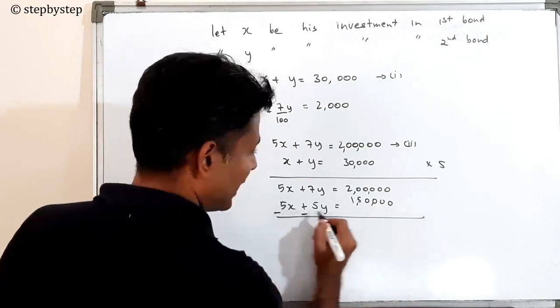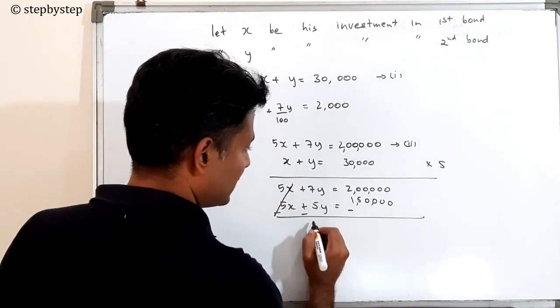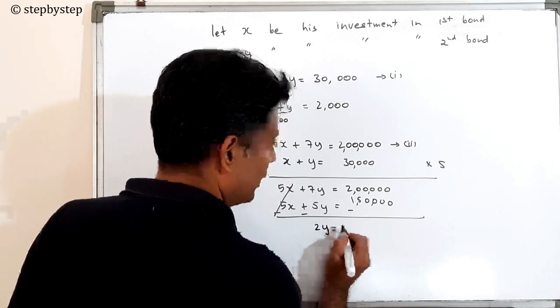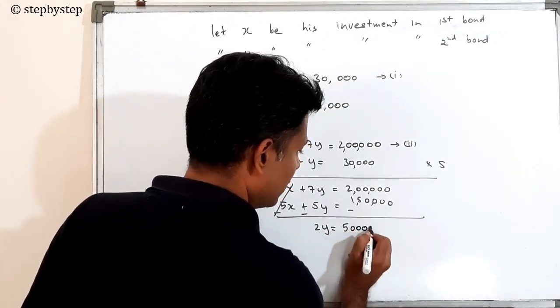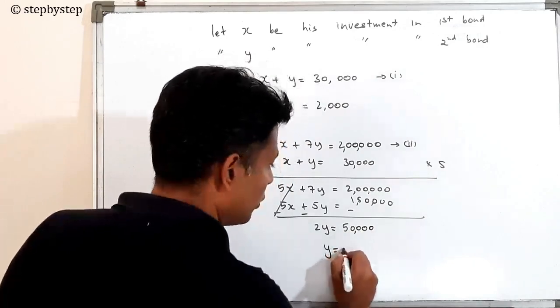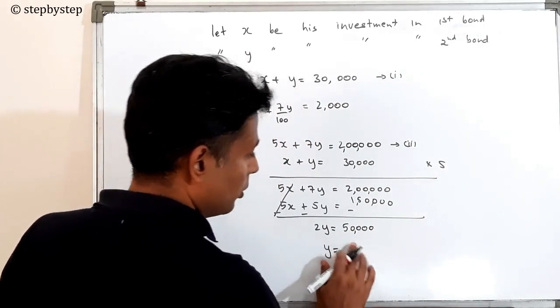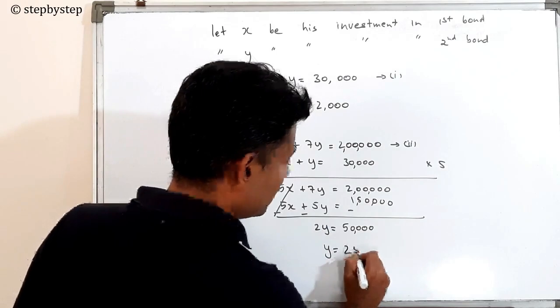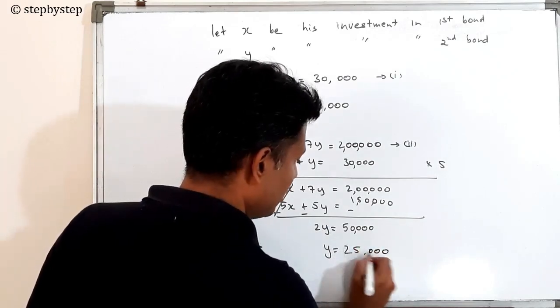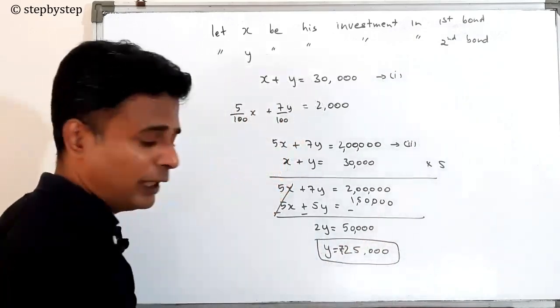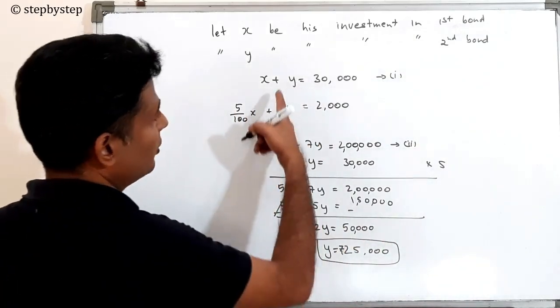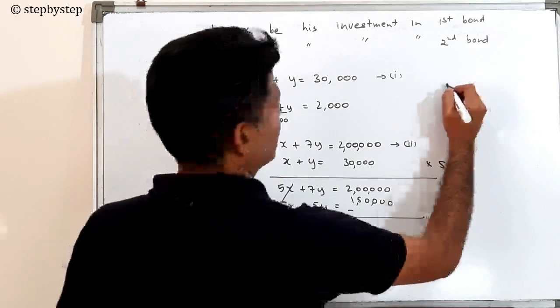So subtracting, signs will change. This cancels. 7 minus 5, 2Y equal to 2 lakh minus 1,50,000, 50,000. So Y equal to 50,000 by 2, that is 25,000 rupees. So what is the amount invested in the second type of bond? 25,000.